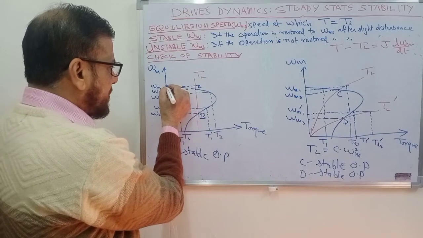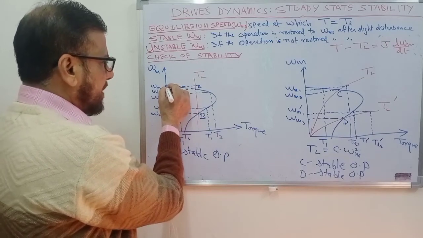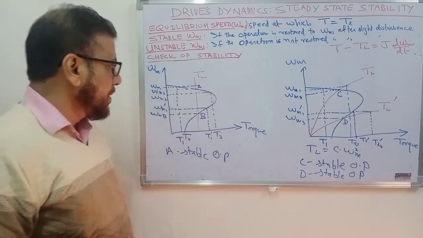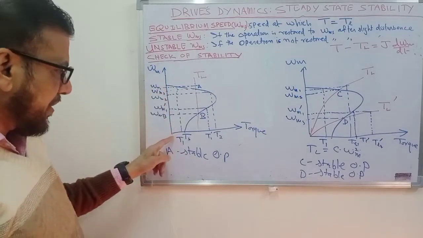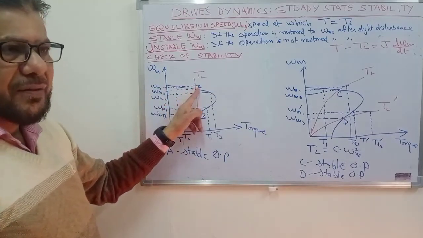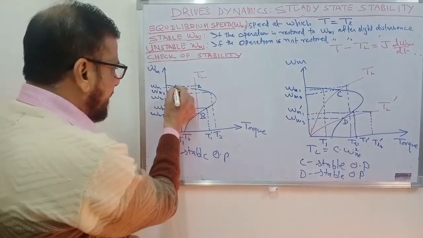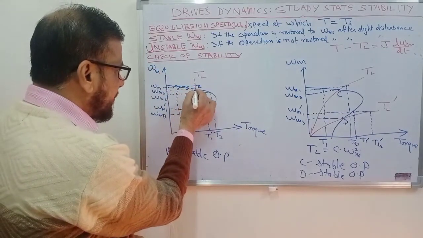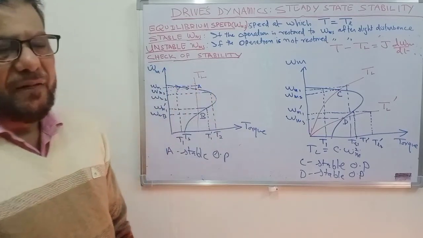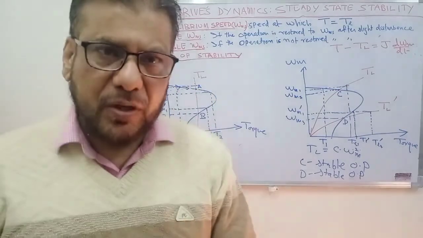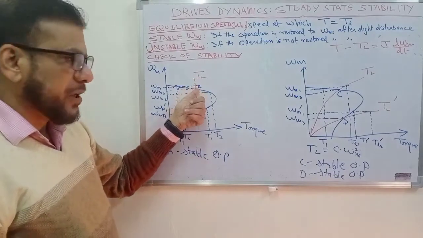Motor is operating at this point, this was the speed, and the load torque is this much. Motor torque is near 0, load torque is there, opposing torque is there, motor speed will decrease, operating point will move like this. It will reach this point when the motor torque becomes equal to load torque, and that will be the operating point.